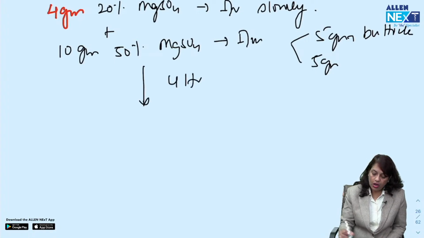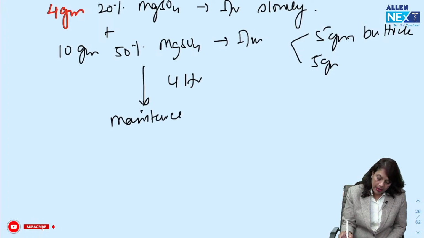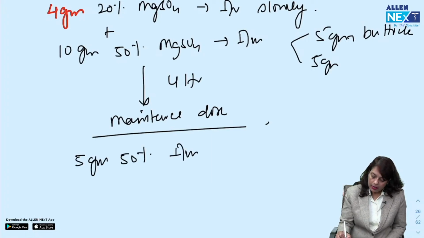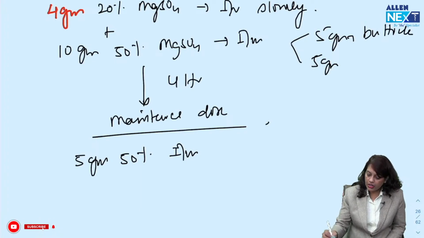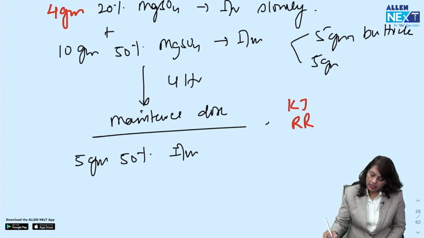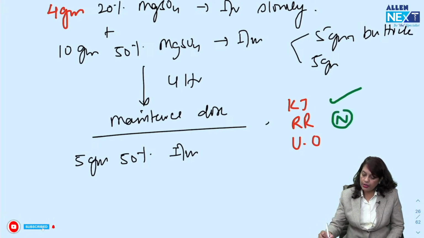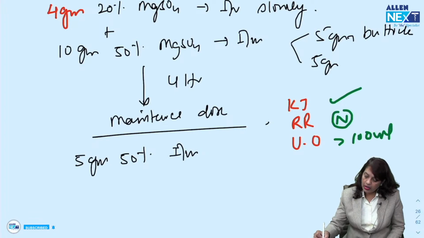Now after 4 hours, you are going to give the maintenance dose, that is 5 gram of 50% intramuscular. Before that, what do you check? Knee jerk, respiratory rate and urine output. Knee jerk should be present, respiratory rate should be normal and urine output should be more than 100 ml in 4 hours.